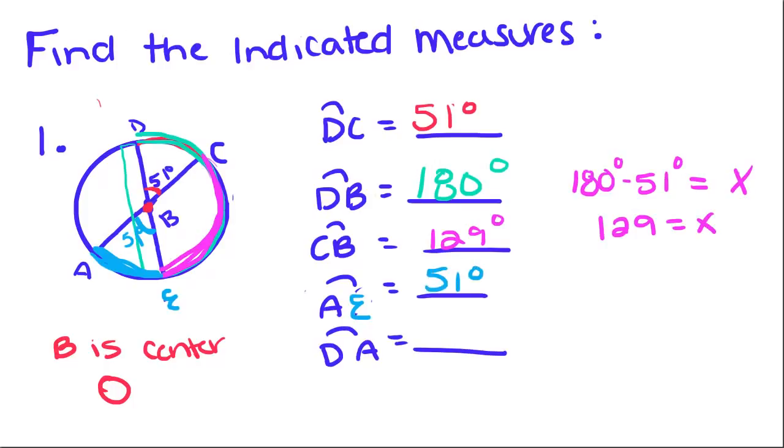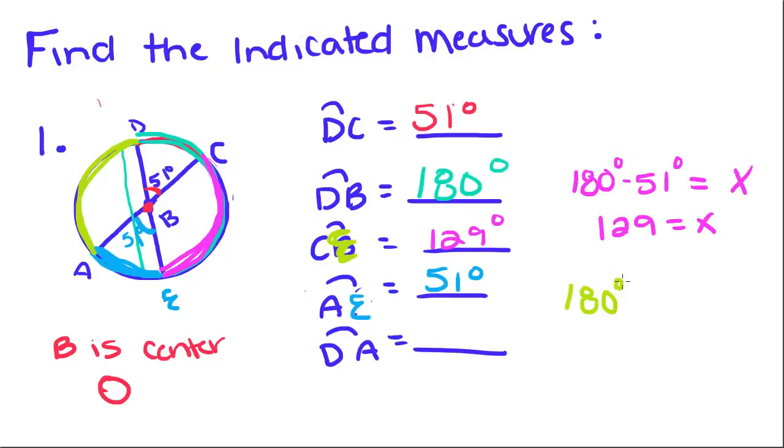Now, they want us to find the measure of DA. So, we're going to do the same thing we did to find the measure of CB. So, DA is part of this big arc DE, which is equal to 180 degrees.